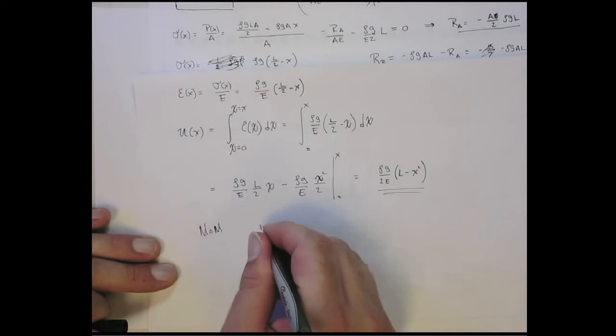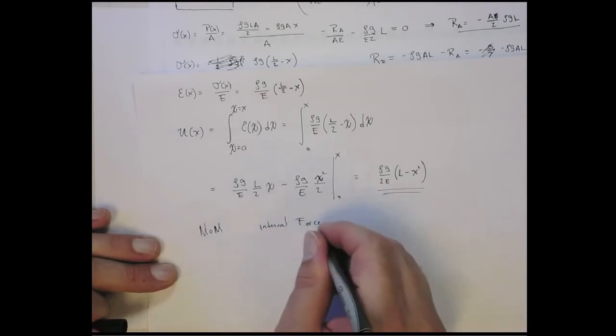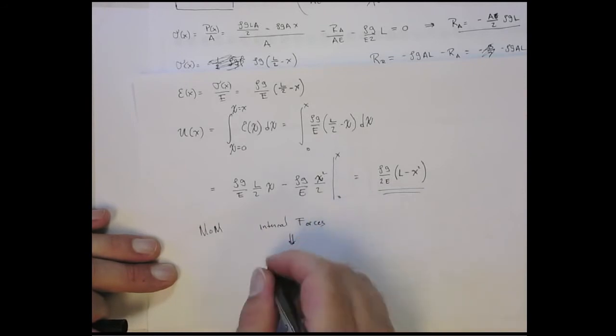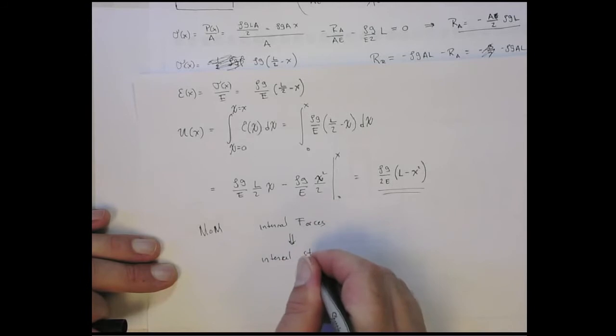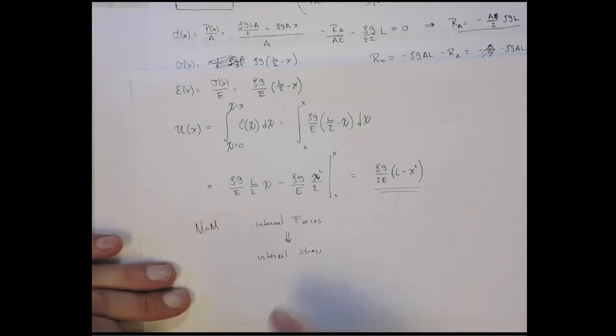We get internal forces. From the internal forces, we get the internal stresses, P on A, MC over I. From the internal stresses, if we choose, we can use Hooke's law to get the strain.